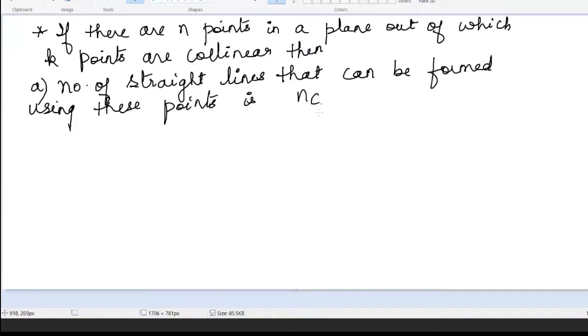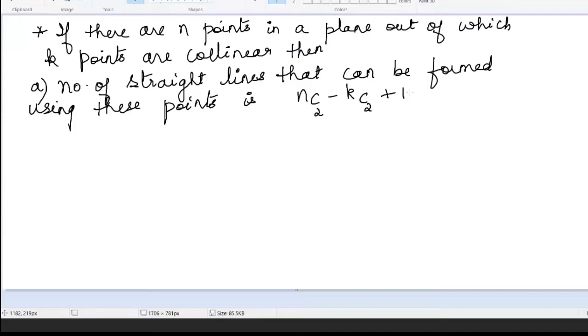To get a line we require 2 points, no? So NC2 minus KC2 plus 1. Why minus KC2? Those already collinear, I am going to subtract. Why this plus 1? Some points lie on the same line, so that line is added. We are totally finding out how many straight lines are possible.